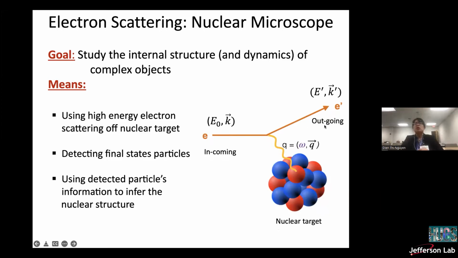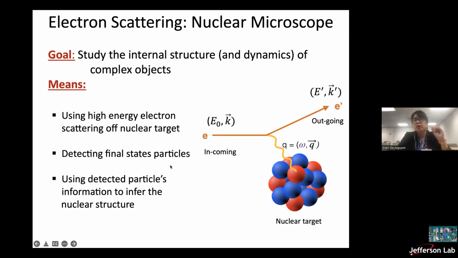In this collision between the electron and the nuclear target, it can break the target into different types of particles. All particles after the collision, including the scattered electron, we call final state particles.